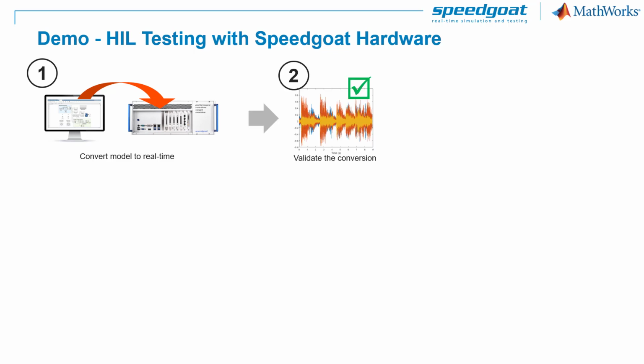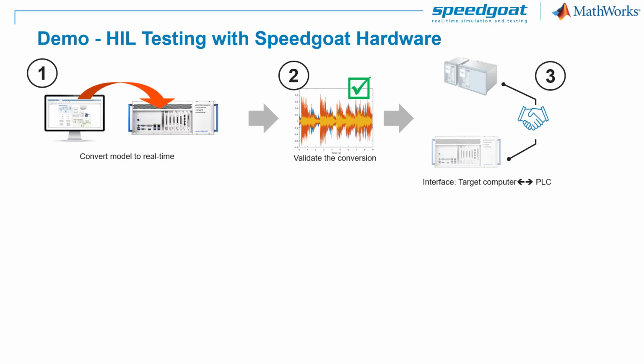In order to compare the results, I'm going to use the same model with the same inputs so I can do easy comparison. Right now, the model has everything in it, which includes the plant and the controller. What I really need to run in the target machine is the plant model. So I need to separate the model into plant and controller. After that, I need to set up the interface between the controller and the plant model so they can talk.